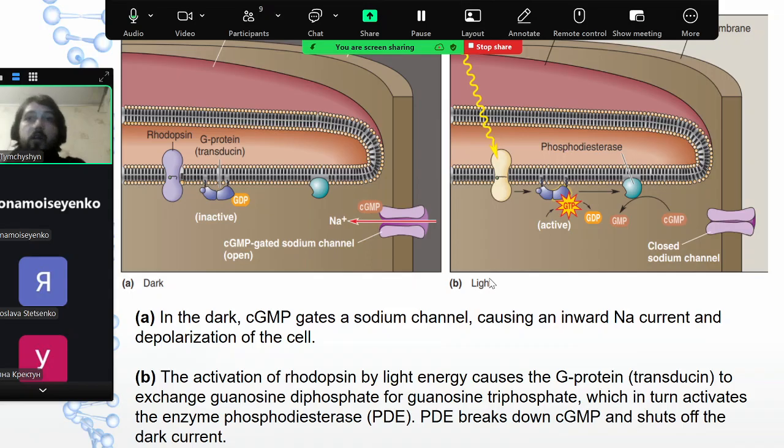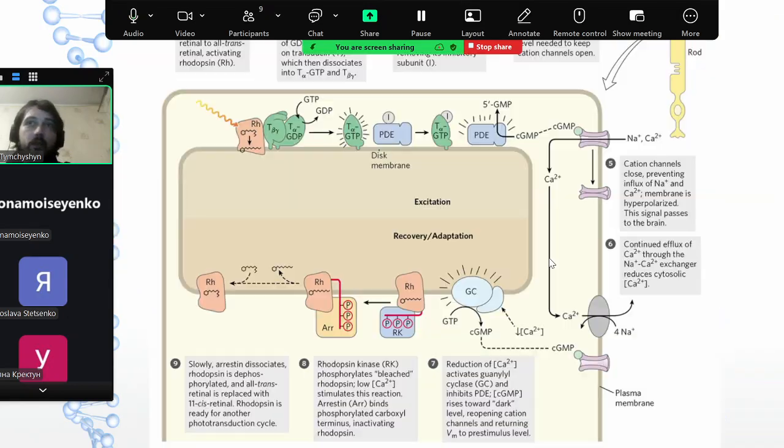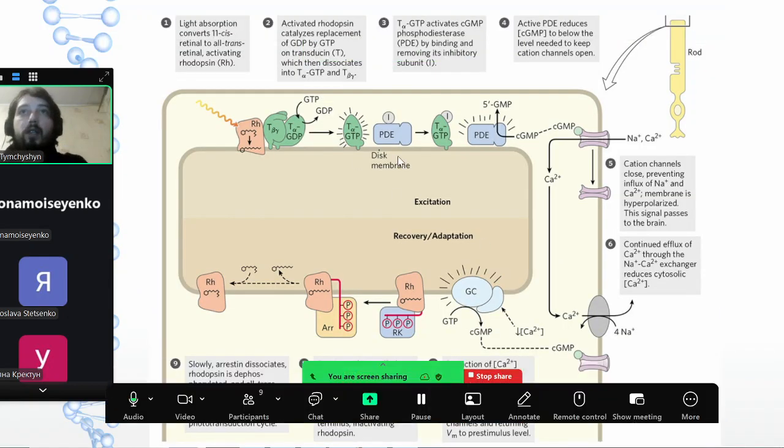The activation of rhodopsin by light energy causes the G protein, called transducin in this case, to exchange guanosine diphosphate for guanosine triphosphate, which in turn activates the enzyme phosphodiesterase. Here is PDE, and PDE breaks down cyclic GMP and shuts off the sodium current. Here is an even more detailed view of the process. That's a molecular view.